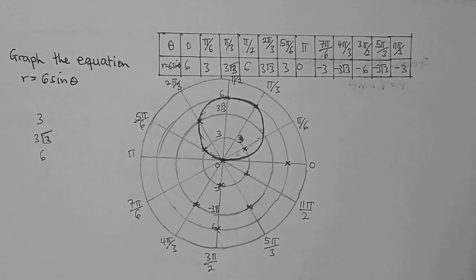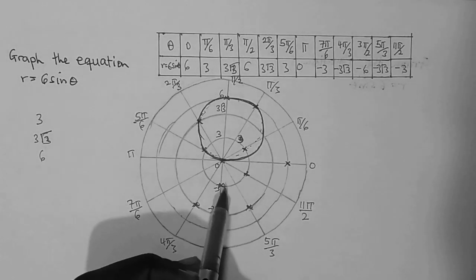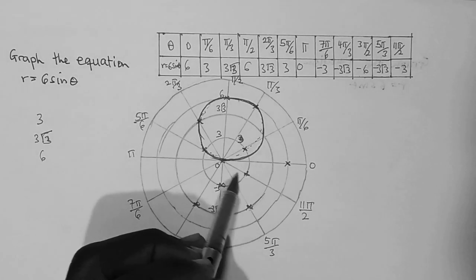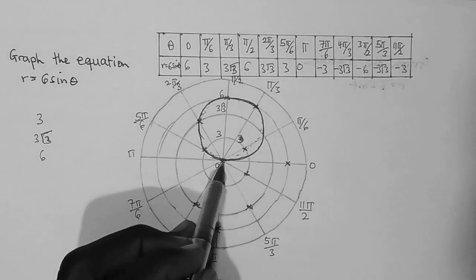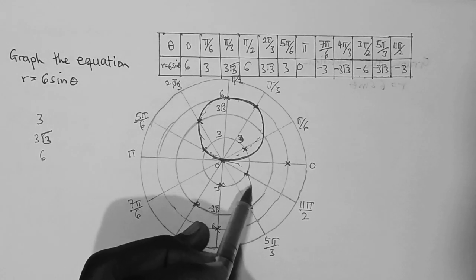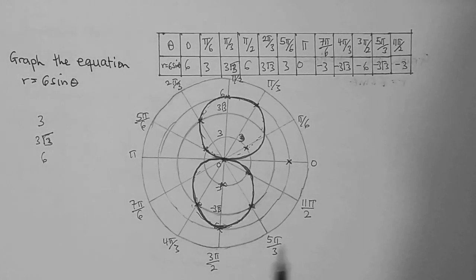So you can see that this is a circle that has center (0, 3) and radius 3. So we can do the same thing at the bottom here. So you can see that this is a graph of a circle with center (0, 3) and radius 3.